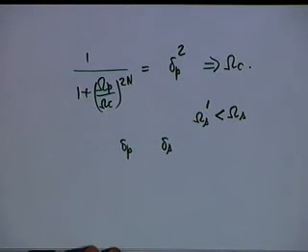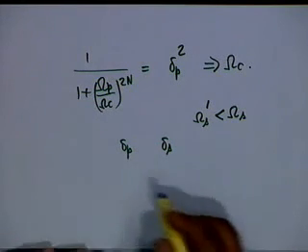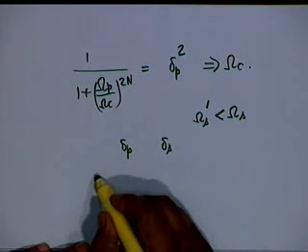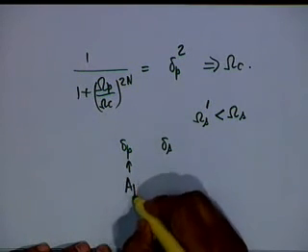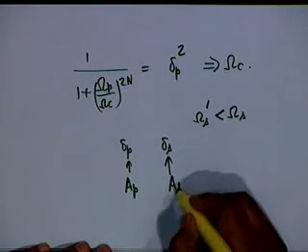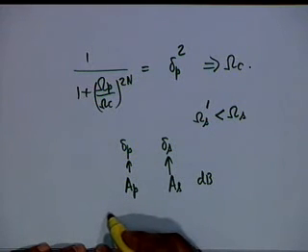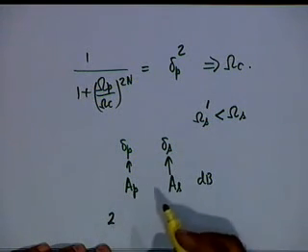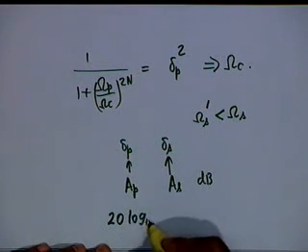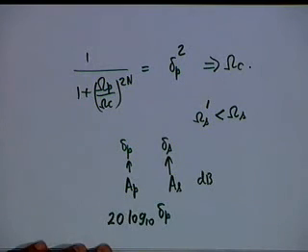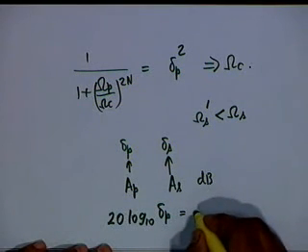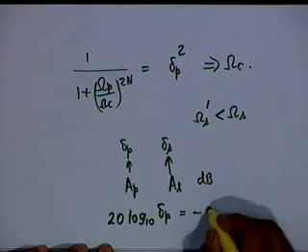Now that brings in the question, delta p and delta s are usually specified in decibels. If they are specified in decibels, then you have to convert them into ratio. Suppose delta p corresponds to AP decibels and delta s corresponds to AS in decibel. Then 20 log 10 delta p is equal to minus AP.